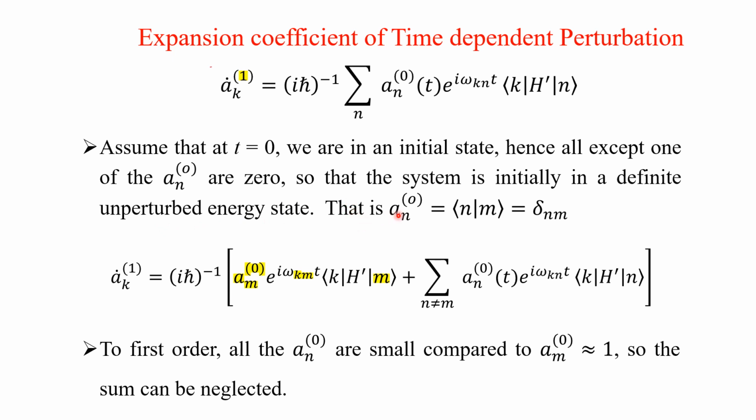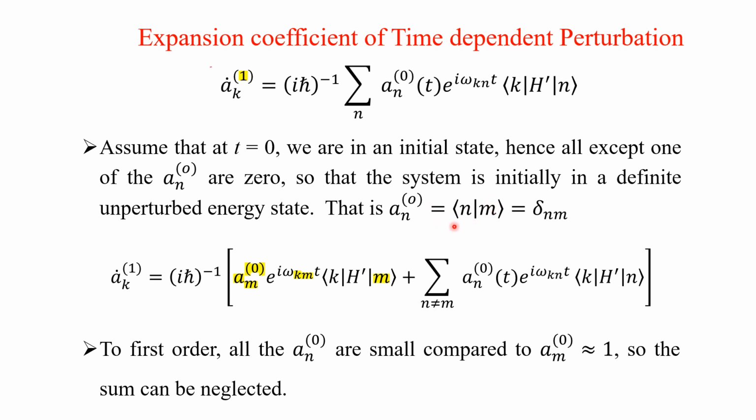So, an of 0 is equal to bra n inner product with ket m. This is equal to delta nm. That is, it is 1 only when m equals n, otherwise it is 0.